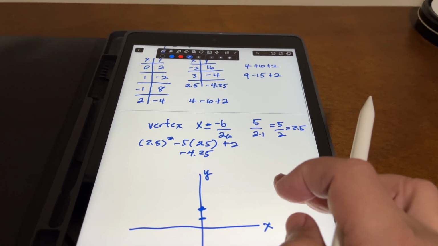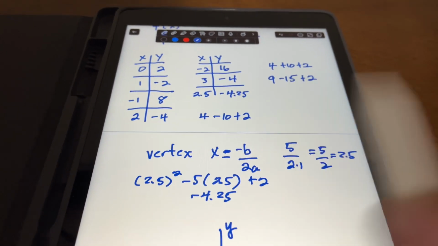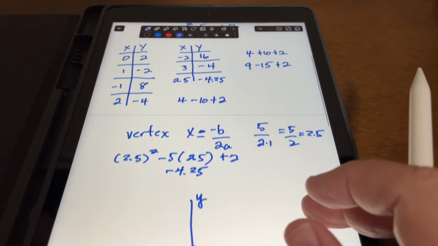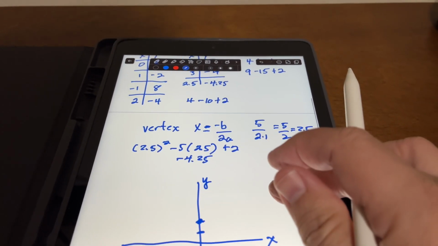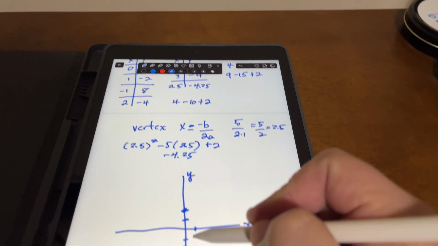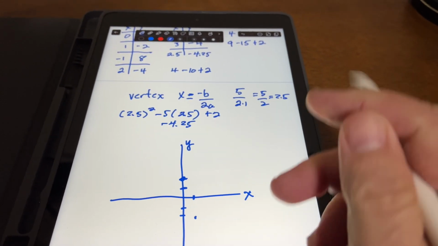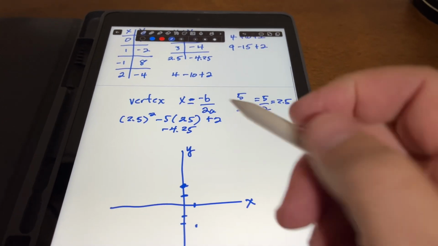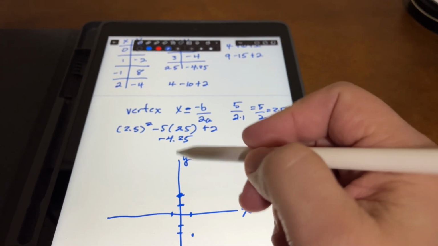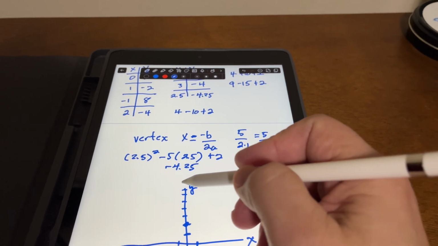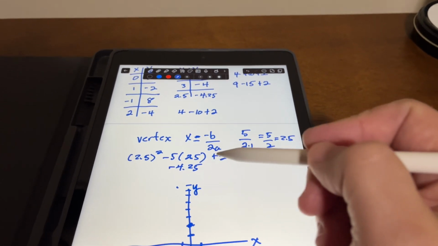So I know this is going up. So if I begin to plot some of these, so 0, 2 is over 0 and up 2, so 0, 2 is there. And then I have 1 and negative 2. So 1 and negative 2 is there. And then I have negative 1 and 8. 1, 2, 3, 4, 5, 6, 7, about 8 there, something like that.